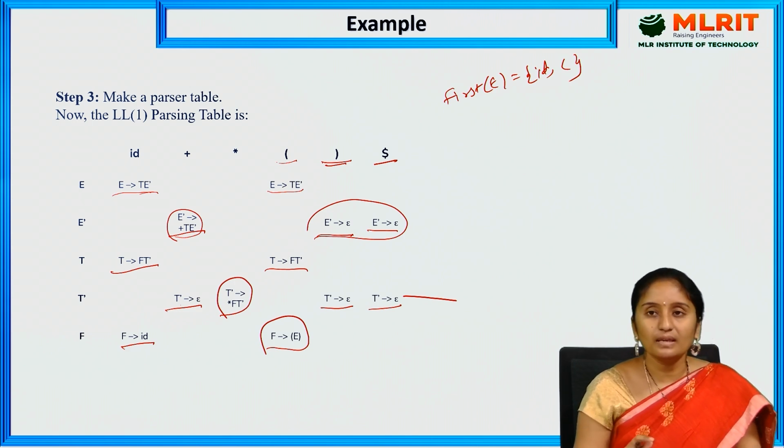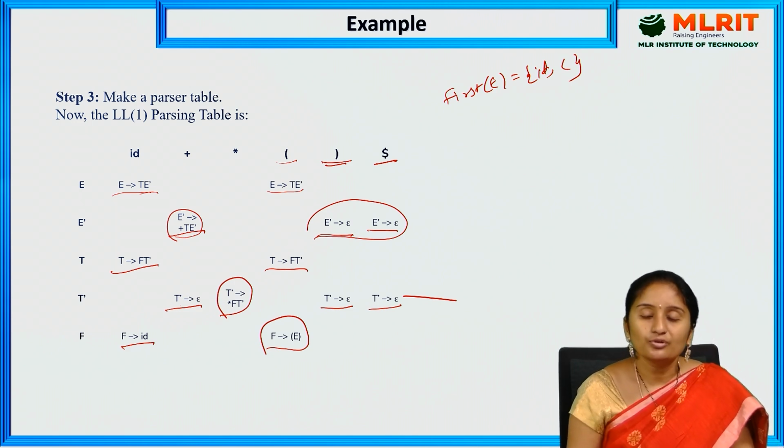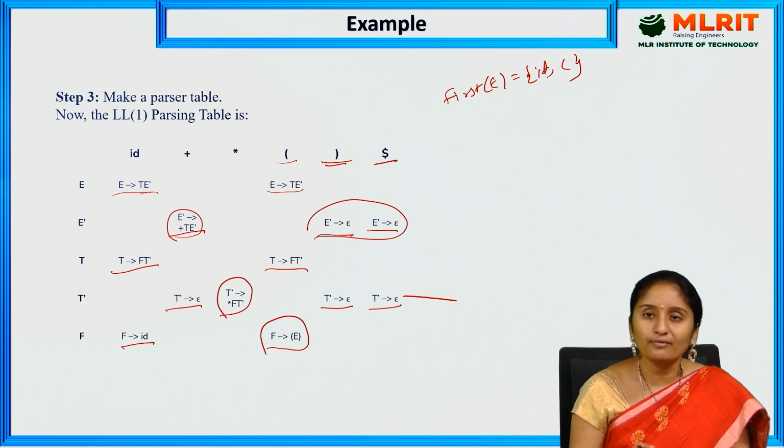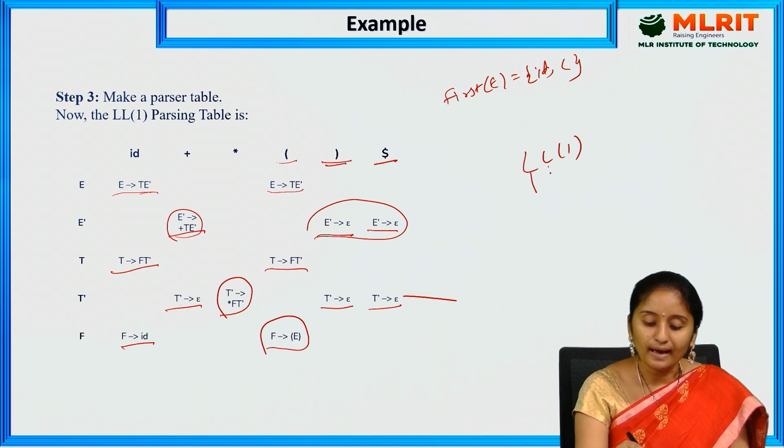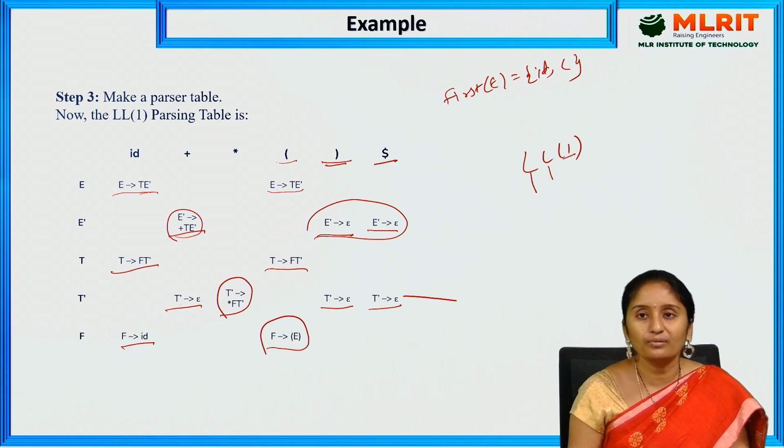What we have learned here is what LL1 is. It is left to right, and left recursion, and 1 means only one lookahead symbol we are going to concentrate on.